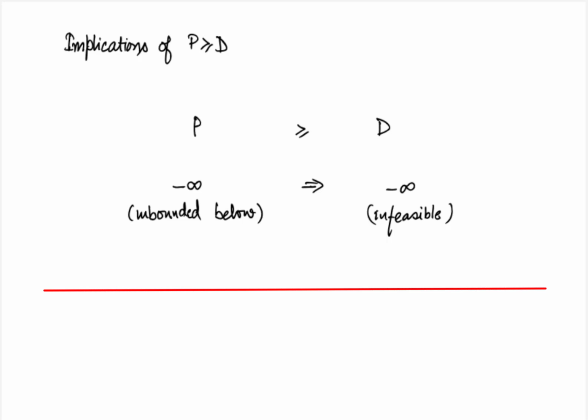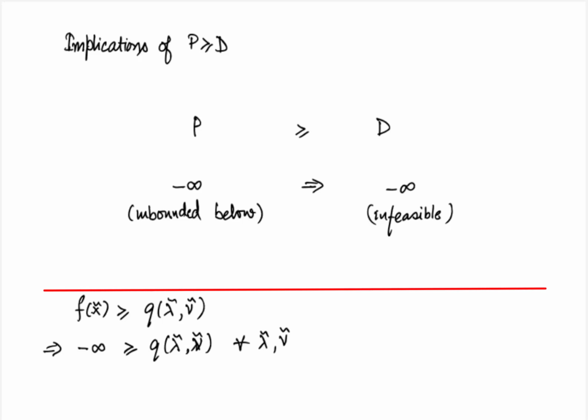To see that, the inequality f of x tilde is greater than or equal to q of lambda tilde, nu tilde can be tightened by making the left hand side f of x tilde an arbitrarily large negative number. A natural consequence of that is that the dual function can be upper bounded by a large negative number for all lambda tilde, nu tilde.